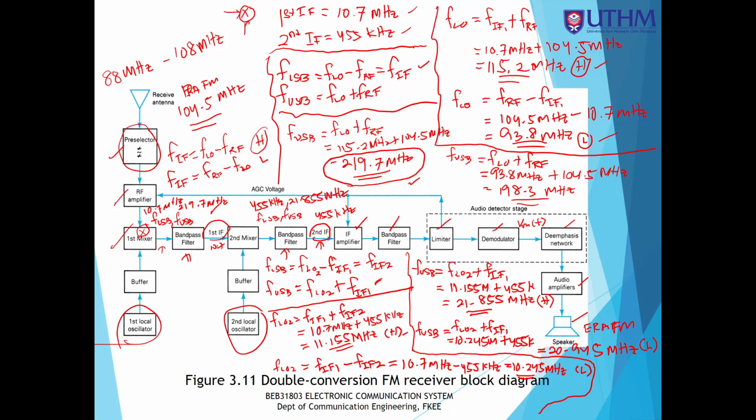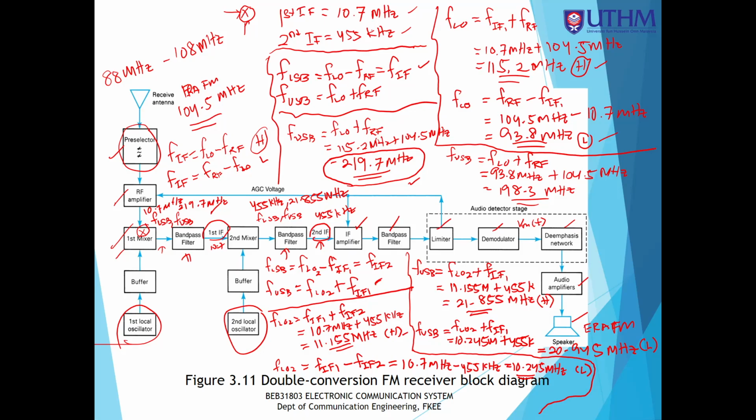Okay, so I hope that you can be familiar with this kind of calculation. Why? Because this kind of calculation has been asked in the quiz, especially the calculation in the mixer to produce upper and lower frequency.